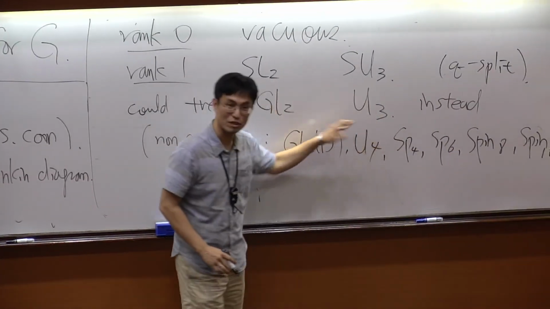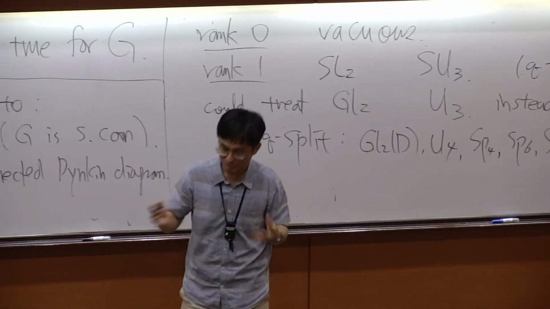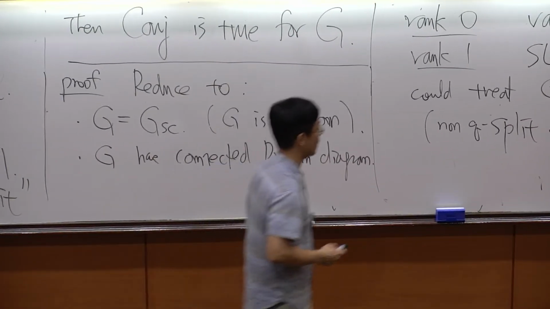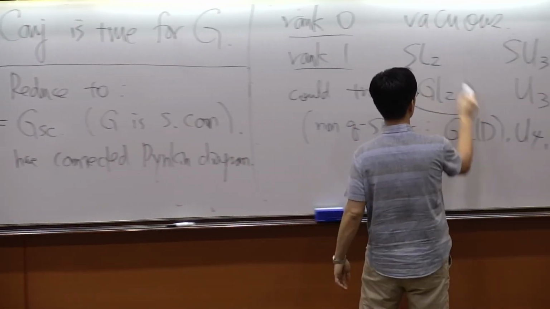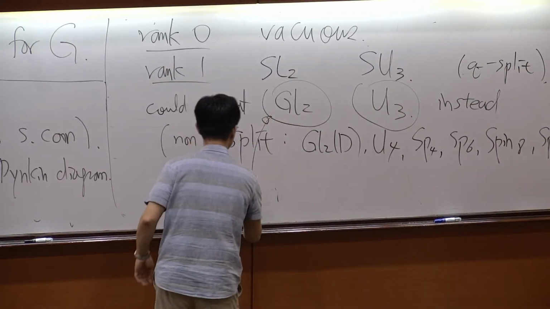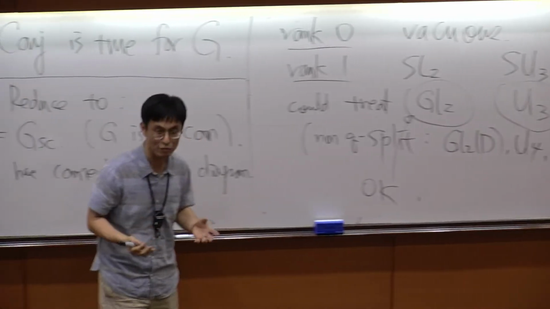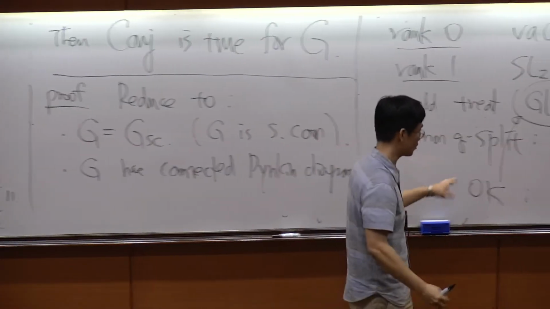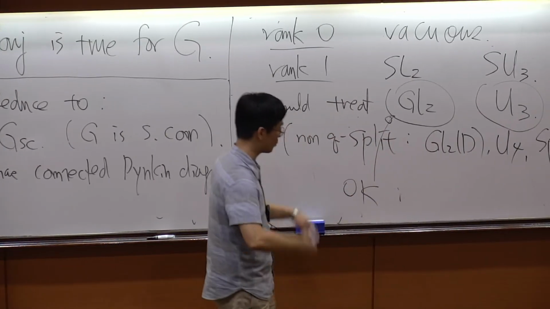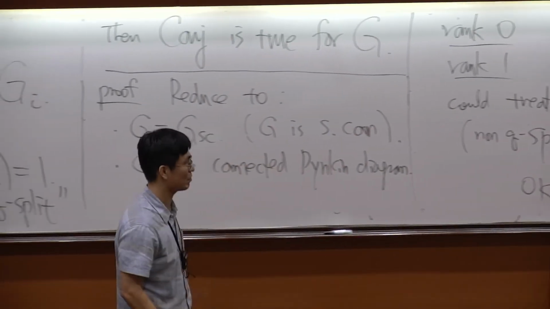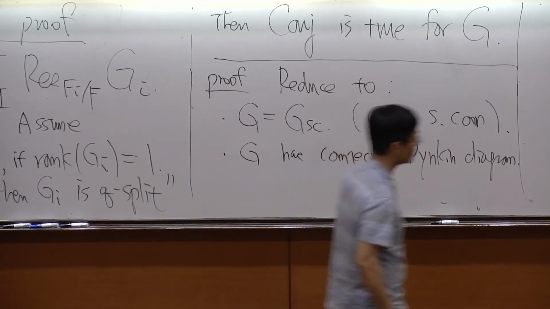The way I deal with the rank 1 case is just to go through classification results. For GL2, pretty much the picture I have shown you is a proof, because in general you consider some character twist of that, but it's pretty much the same deal.